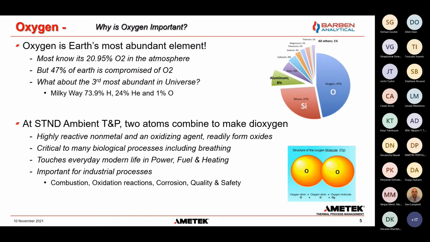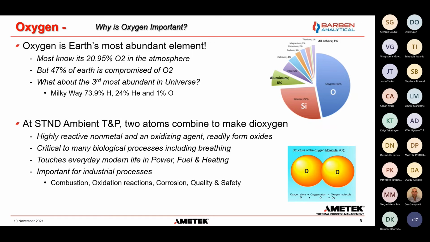So why is oxygen important? Many of us are familiar that there is a good amount of oxygen in the atmosphere, 20.95%, or otherwise 21%. But not everyone knows that oxygen is also the most abundant element on Earth, comprising 47% of its composition.